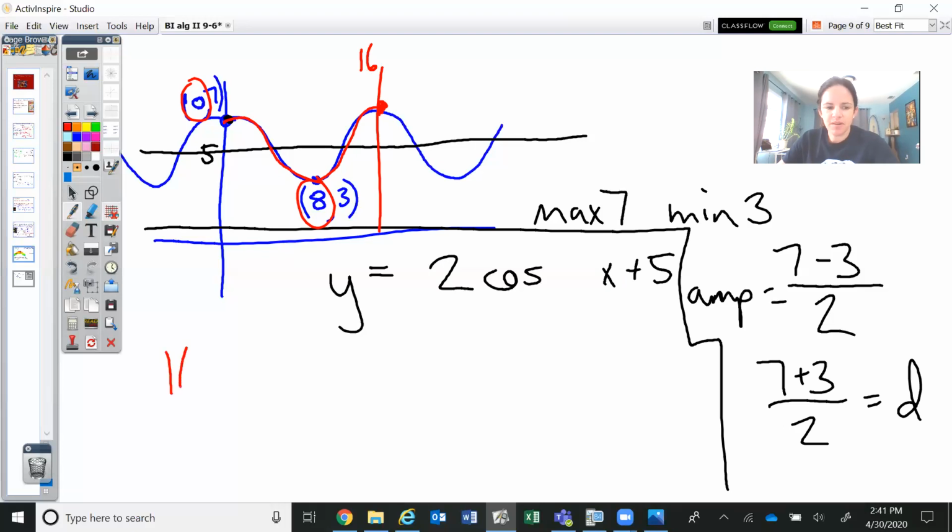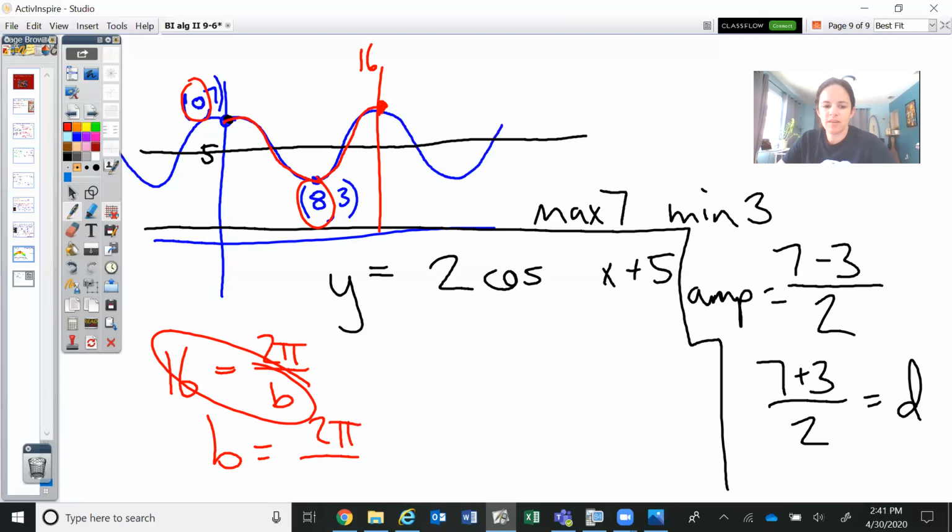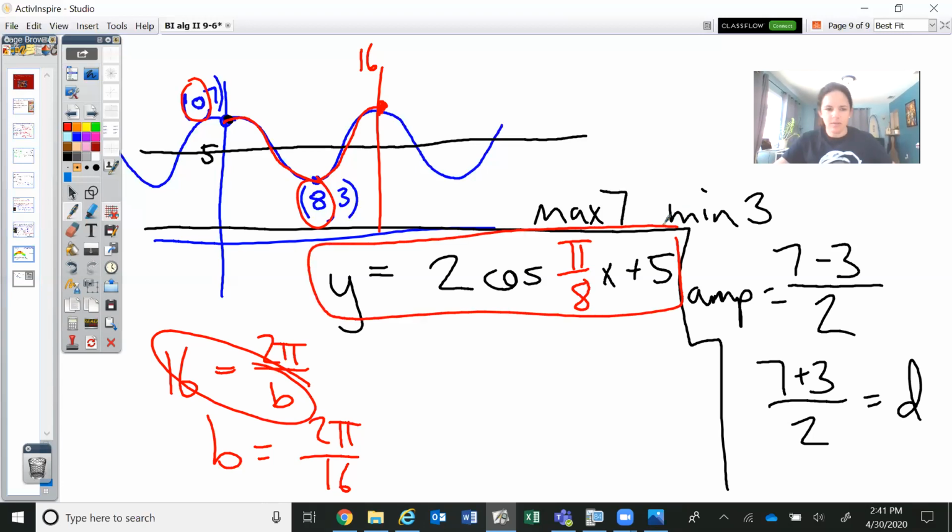So if I know that the period is 16 and I say that 16 is 2 pi divided by b, then that means, via the flip-flop method, that b would be 2 pi over 16, or pi over 8. And so now I have an equation to model this. Just based off of those 2 points, I was able to find the period, the amplitude, and the midline, which were the 3 things that I needed.